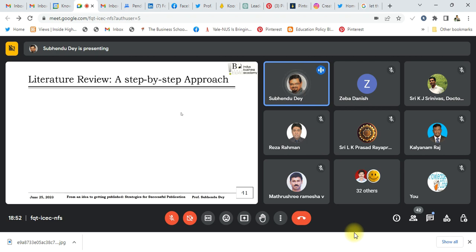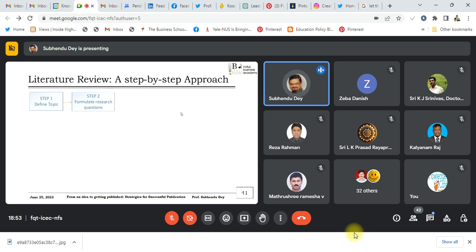So here I'm talking about you define a topic, right? Once you have defined the topic, the next step is formulating research questions.